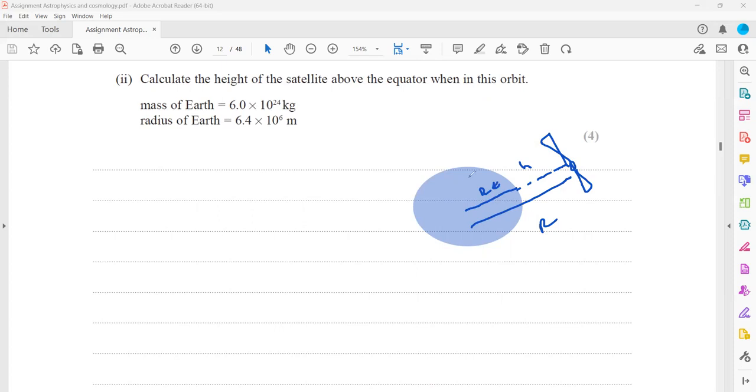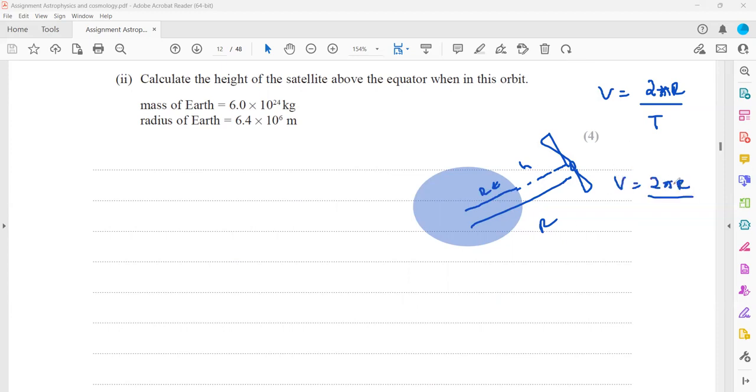As this is moving, we have the time period. So from the time period, we can work out the speed. Speed is distance divided by time. The distance for a circular orbit is the circumference, so 2 pi r. This r is the total distance, so v equals 2 pi r divided by T. The time should be in seconds.